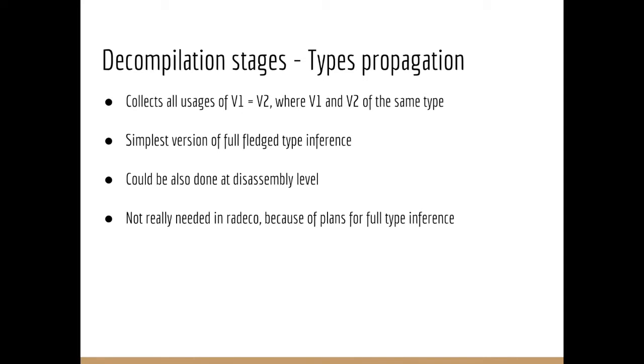It can also be done at the disassembly level, so you don't need to convert everything to SSA and perform value set analysis and dead code elimination. You can perform it on the raw assembly. But radeco doesn't really need it, because radeco will contain full-fledged type inference.